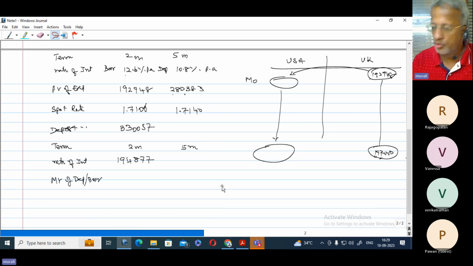Similarly, in the other case, 280,383 multiplied by 1.714 comes to 480,576.